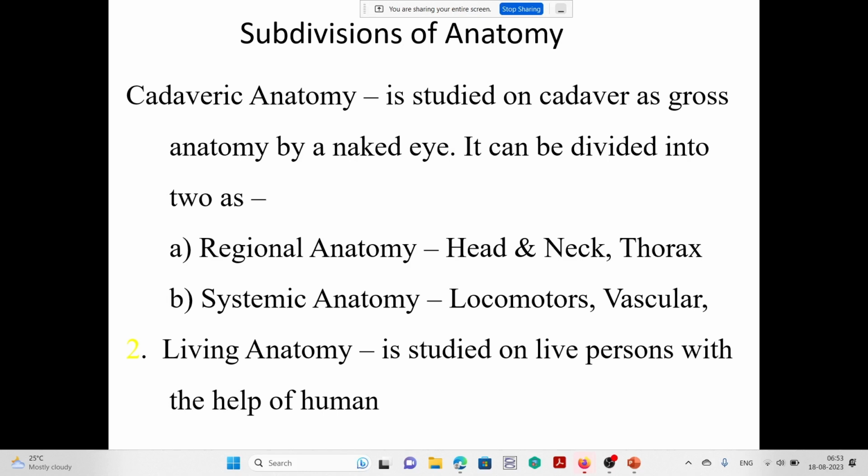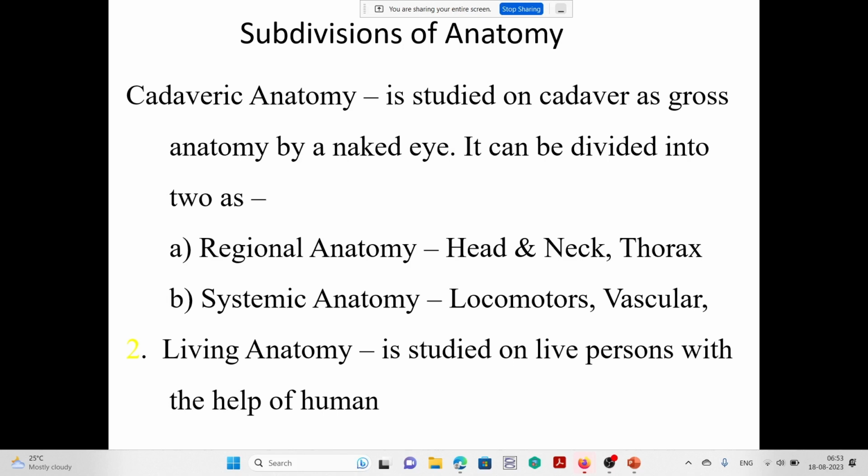In that way the body is divided into a number of systems like digestive system, respiratory system, circulatory system, like that. So we are going to study system wise. So I am going to study the digestive system first, okay, respiratory system, circulatory system, like that. So that is usually called systemic anatomy.